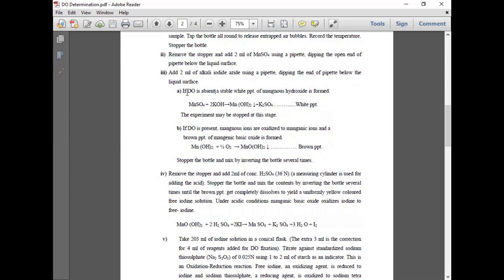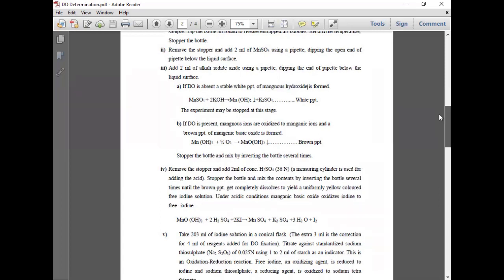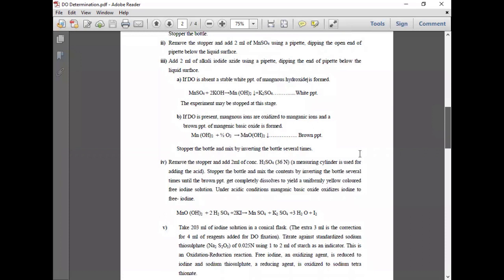So if you have a very polluted sample, manganese hydroxide forms after adding 2 ml of MnSO4 and 2 ml of alkali iodide. That is, immediately after DO fixation, you will get a white PPT if the DO is 0. It indicates that the DO is 0 and the sample is very, very polluted, right?